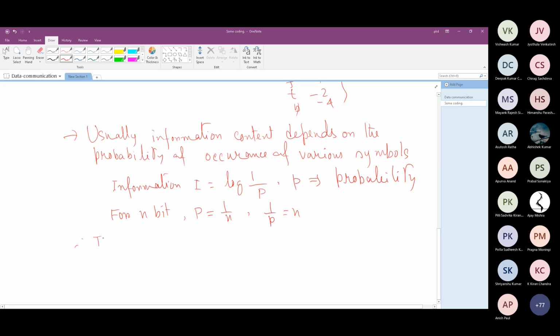So therefore, to encode, to represent each message of n bits with probability P, needs log 1 by P to the base 2 bits.